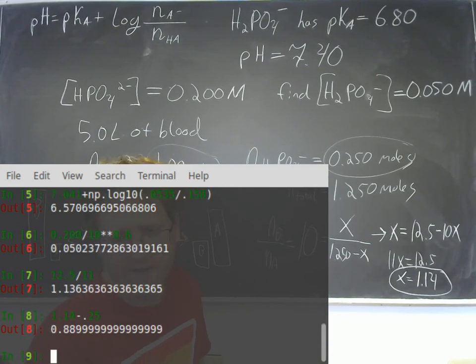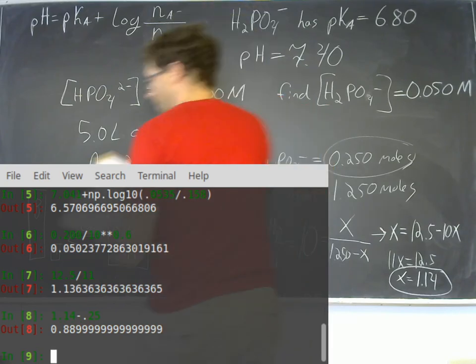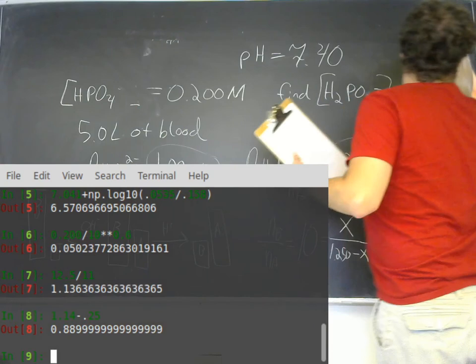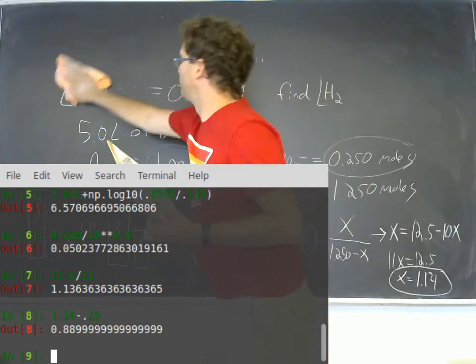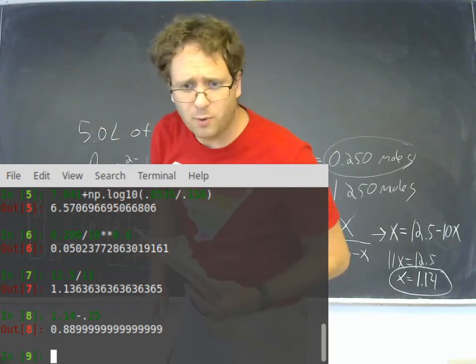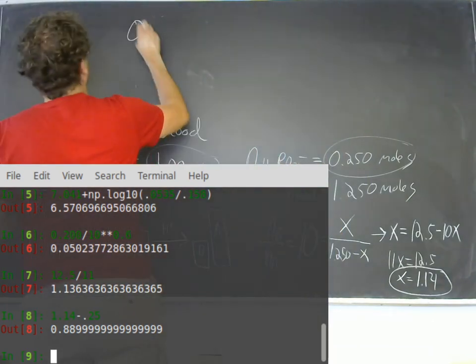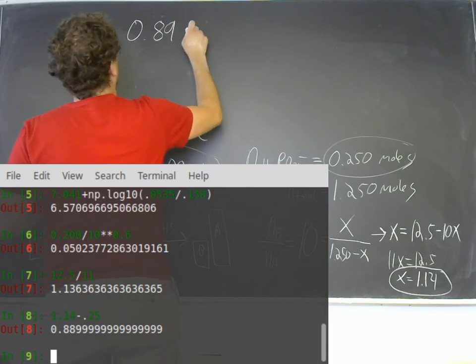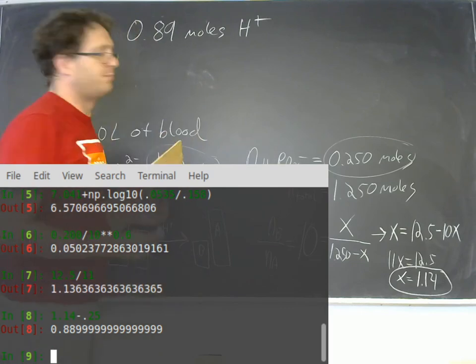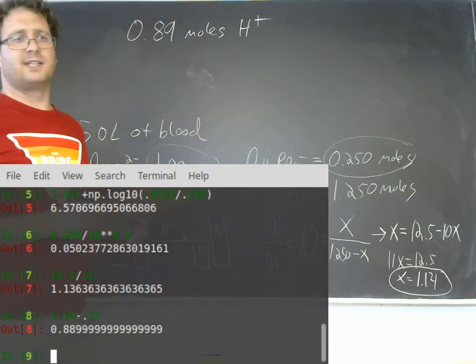I can add 0.890 moles. So my buffer capacity for 5 liters of blood, which is about how much blood we have, is 0.89 moles of acid before our buffer capacity is exceeded.